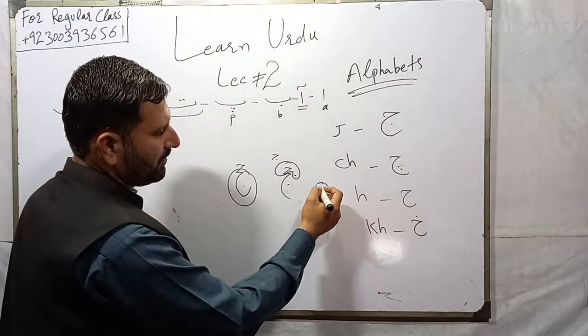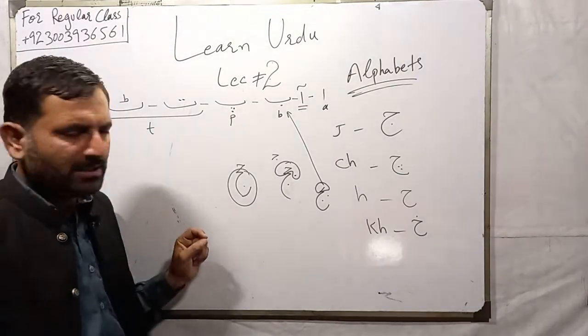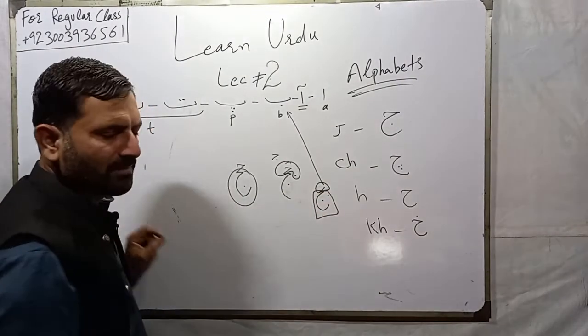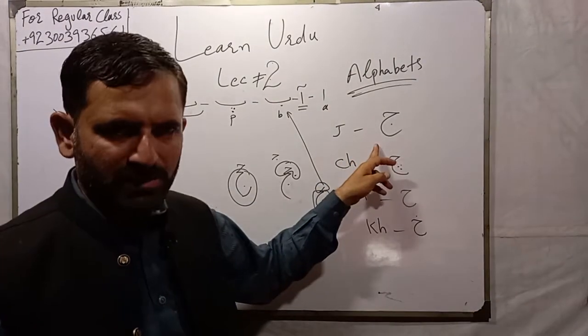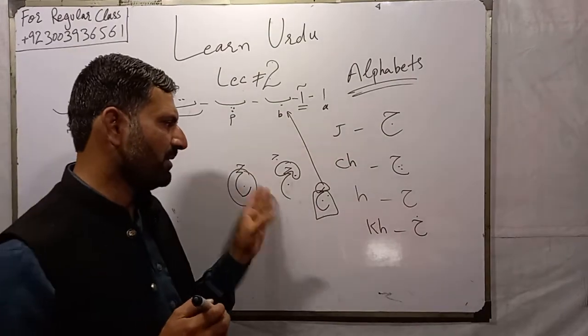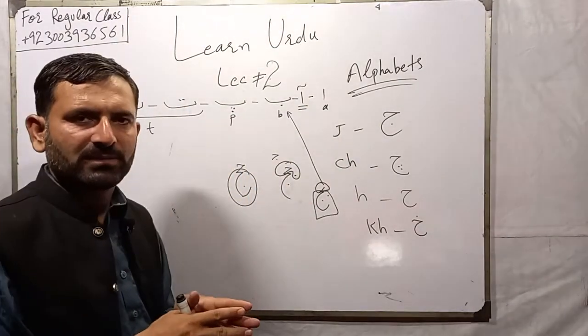This is the shape of Bay, and this is the shape of Jeem. So you have to learn their half shapes as well as their name, their sound and pronunciation.